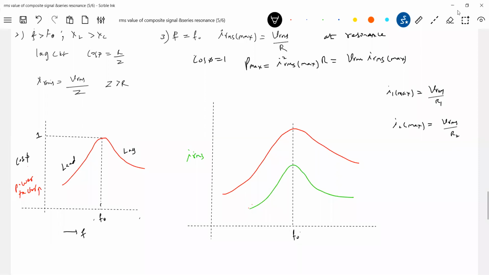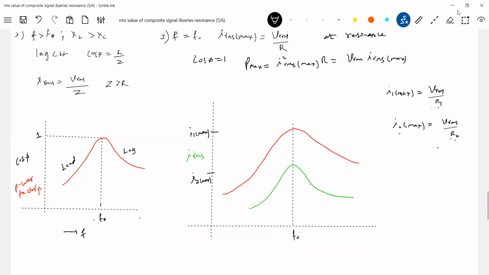So this I'll represent as I1, this as I2 max. Now look here. Definitely R2 should be greater than R1, no? If R2 is greater than R1, then I2 will be less than I1 from the graph.